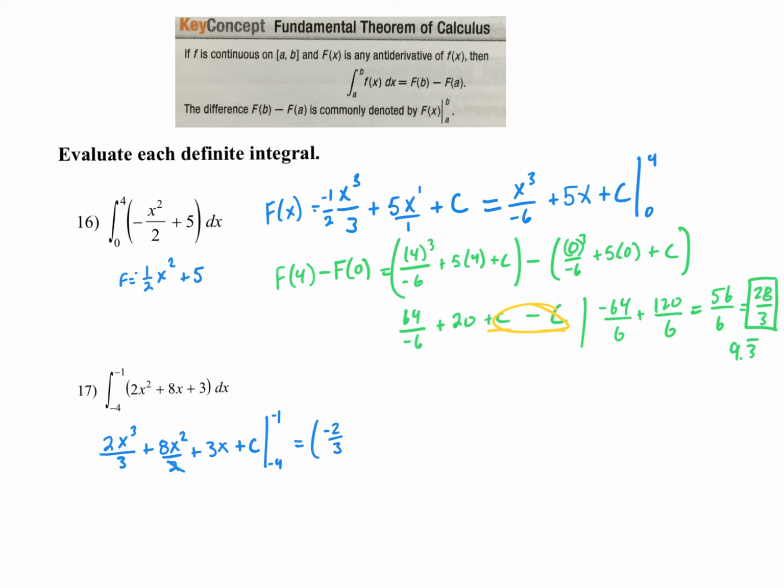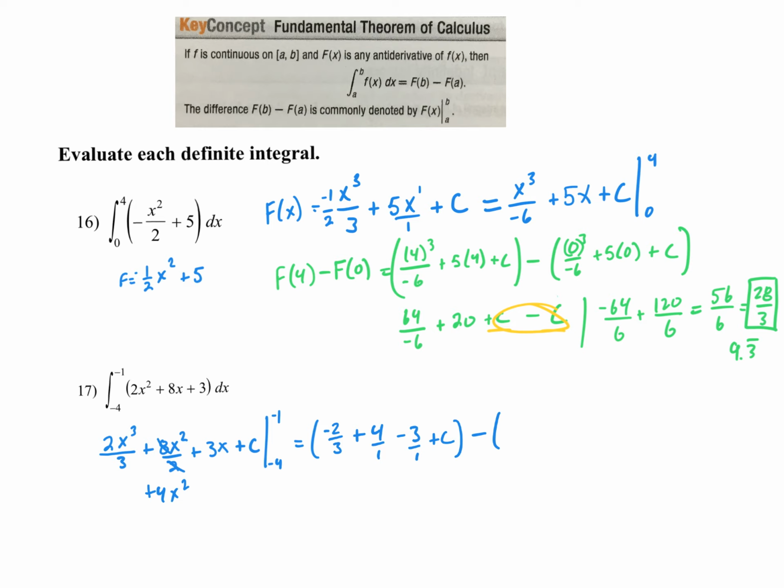Can I just say this would reduce to being 4x squared? I'm going to say plus, and if I plug -1 into x squared, it comes to be positive, so plus 4 over 1, and then minus 3 over 1, plus some constant. Minus with -4 into each of those. This will be a little bit more tricky.